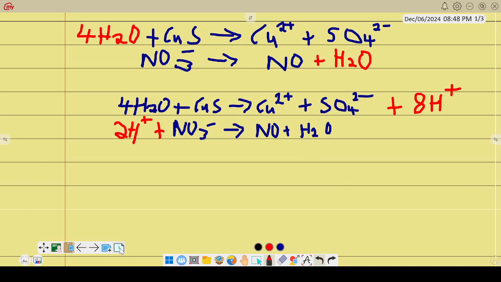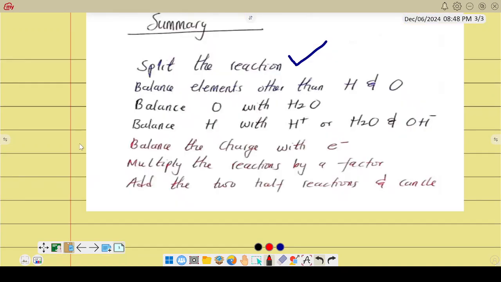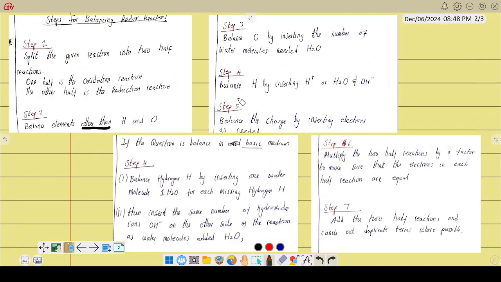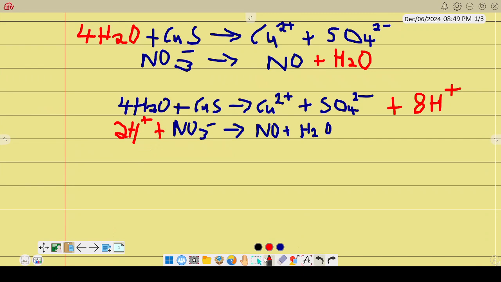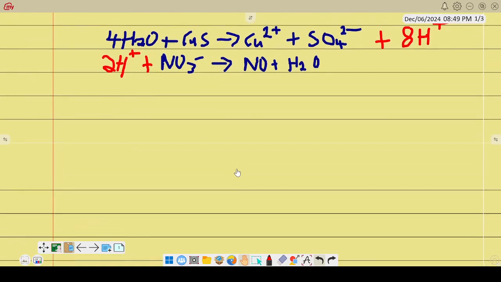So what did we say our step number 5 is? Step number 5 is that we balance the charge by inserting electrons. Okay, this part is confusing for a number of students, so we'll get through it together.